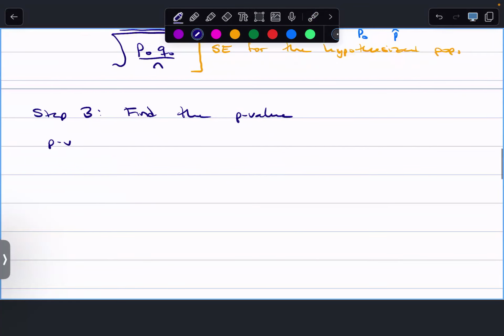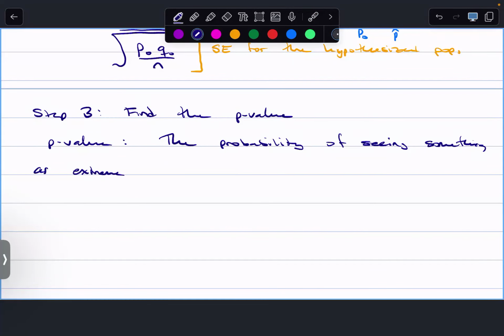where the p-value, just as a reminder, is the probability of seeing something as extreme or more extreme, making this the area in the tail. A probability is an area under the curve, and something as extreme or more extreme makes it the tail area.